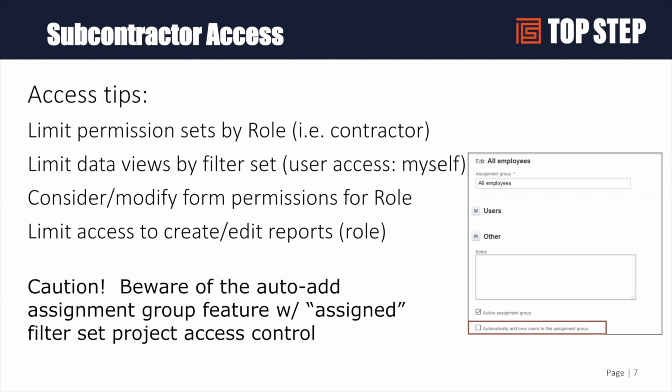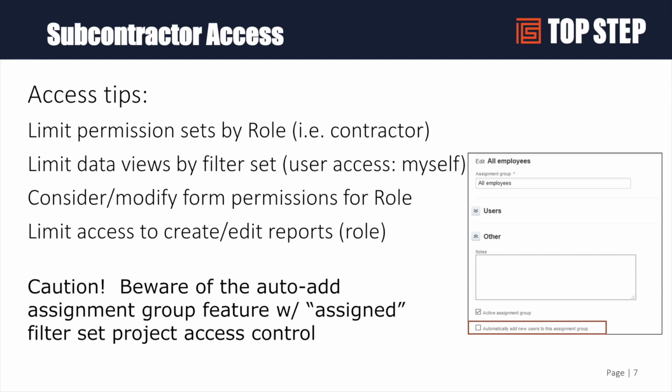So you'll have to craft your roles to suit your situation, as well as your filter set, if you want to limit the contractor to only seeing themselves inside the different modules, or their projects if they're behaving as a PM only. So we want to limit what data they can access inside the roles, as well as the filter sets.